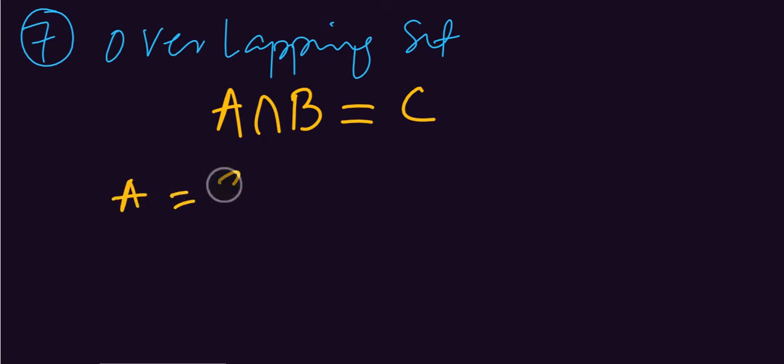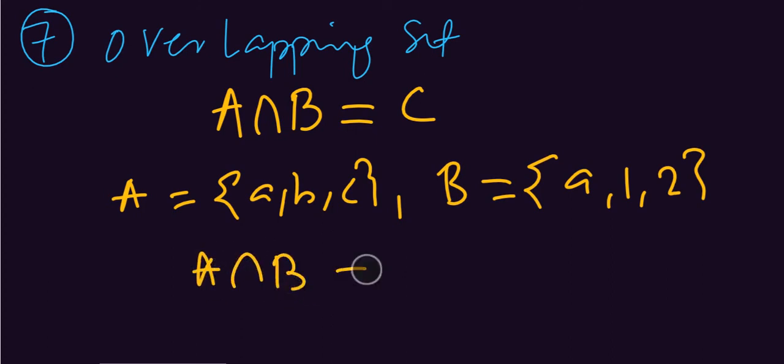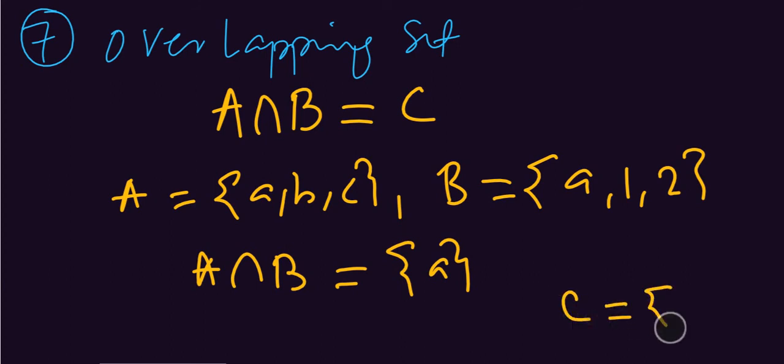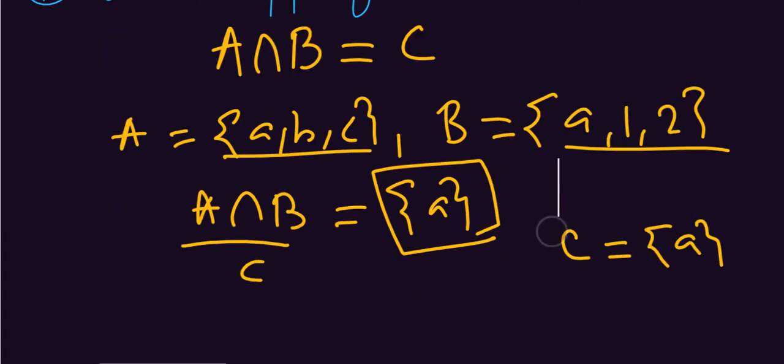If A is a, b, c and B is a, 1, 2, then when we operate intersection on A and B, it will give us only a. So we can denote C is equal to {a}, just like we denote A intersection B is equal to C. So this is another set, different from A and B. This is called overlapping sets. Understood? I hope you understood.